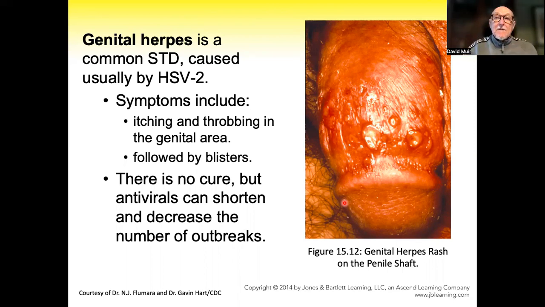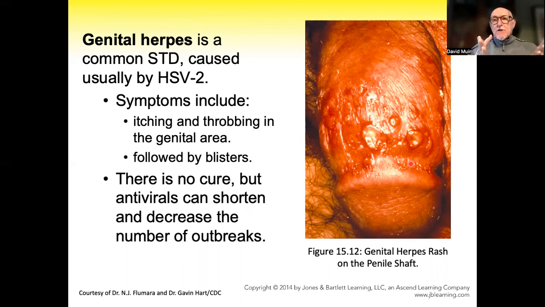And the blisters, unlike the cold sore, where there just tends to be one or whatever, the blisters can be widespread and are intensely painful. So in men, they tend to seek treatment very early. In women, often the infection goes almost unnoticed, and this can have dangers.